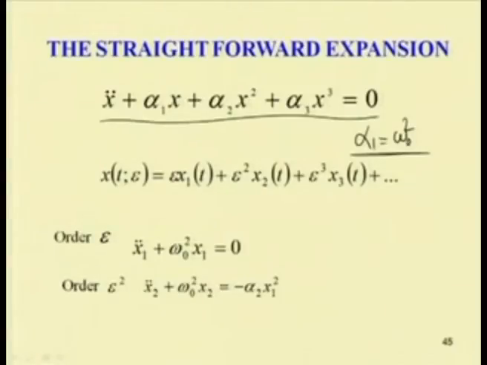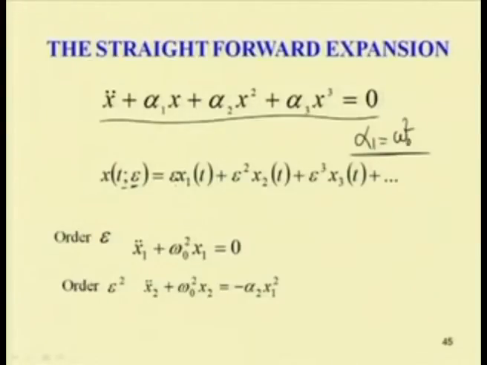One can write the response x as a function of time t. T is the variable and epsilon is the parameter, that is why one uses the semicolon instead of a comma. So, x(t; epsilon) can be written as epsilon x 1 t plus epsilon square x 2 t plus epsilon cube x 3 t.